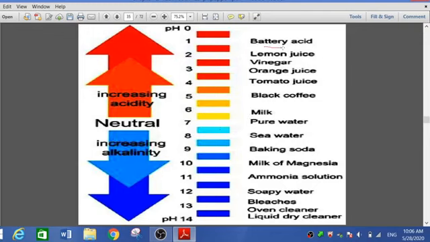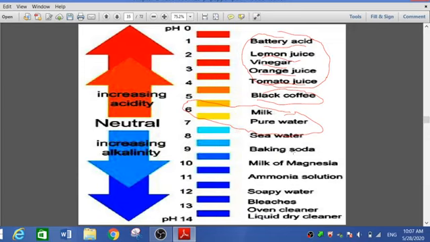Now next, pH related to increasing and decreasing. Battery acid, lemon juice, vinegar used in preparation of pickles, orange juice and tomato juice are all acidic in nature. Black coffee is slightly acidic. Pure milk is near acidic; in milk, lactic acid is there, so we can say milk is slightly acidic.